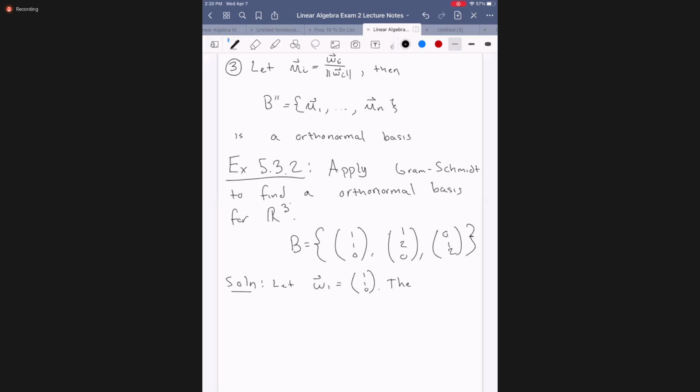Then we find W2. Let's see, I should maybe label these as V1, V2, V3.